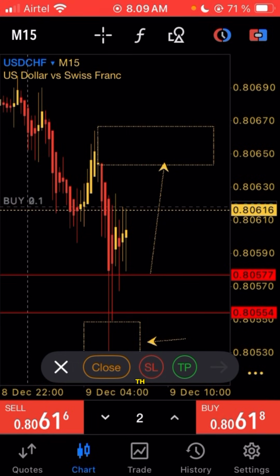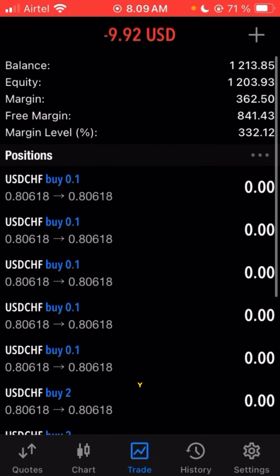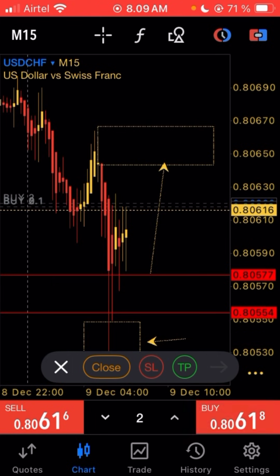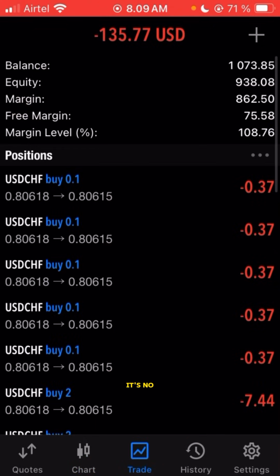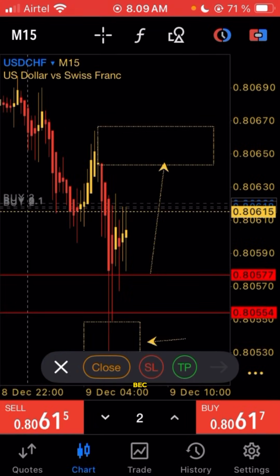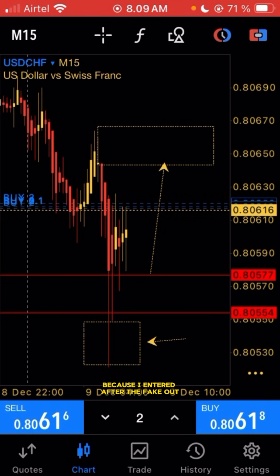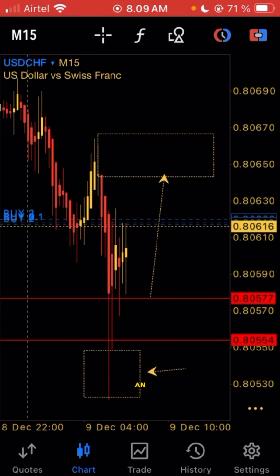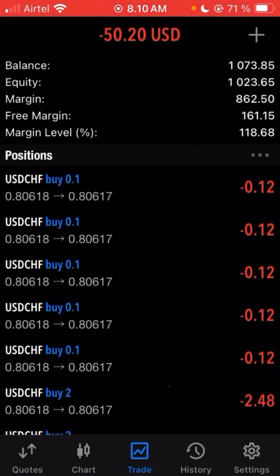But right now there is a very good setup that I've been waiting for. You see that this is not a late entry. If you look at it correctly, it's not a late entry. Why? Because I entered after the fake out, and of course there must be a candlestick produced to confirm that I should buy or not. So this is not a late entry.